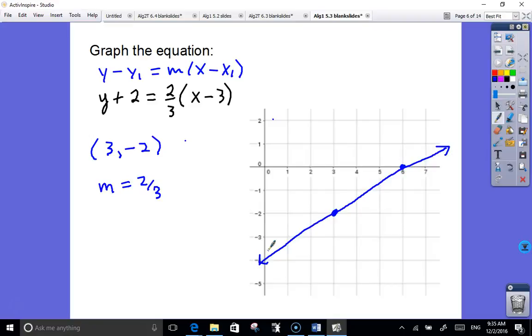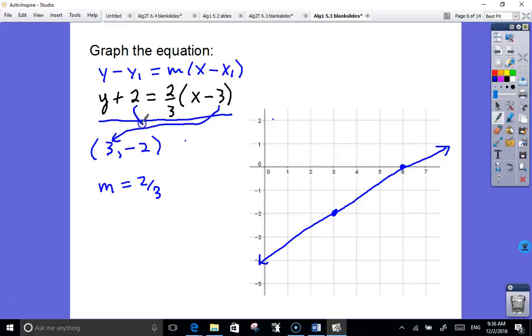So we don't have the y-intercept, but we have a point. If you know the point-slope form, you should be able to see the point. First you have to be able to look at this equation and tell what is the point and what is the slope. Remember, the x1 is the 3. That's where that comes from.